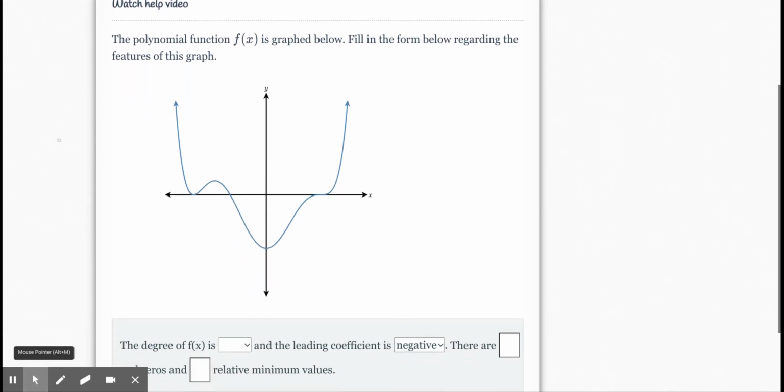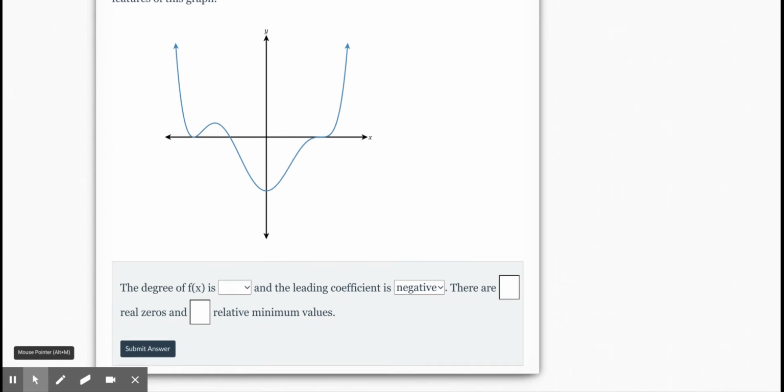We're given a graph of a polynomial function, and we're asked to answer several questions. We're asked to find the degree of this polynomial, and not necessarily whether it's a third degree or fourth degree or fifth degree, but whether it is an even degree or an odd degree.